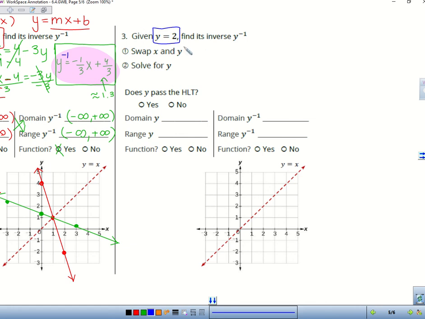Now, normally, when we do inverses, we flip the x and the y, right? But is there any x for me to flip here? No, so only the y changes to the x. So this right here, and I should probably do it in another color, is the inverse. Hang on, I'll rewrite it. x equals 2 is the inverse, okay? And there is no y, so that's just the inverse.